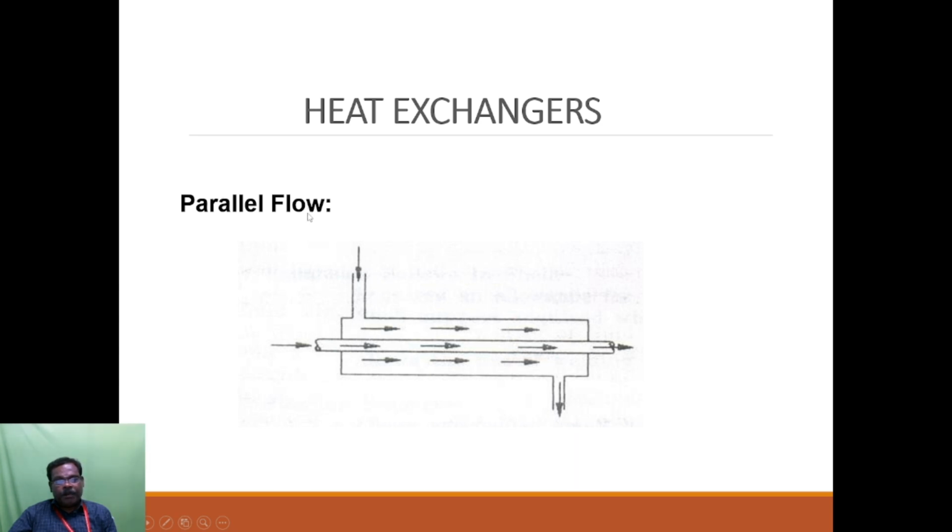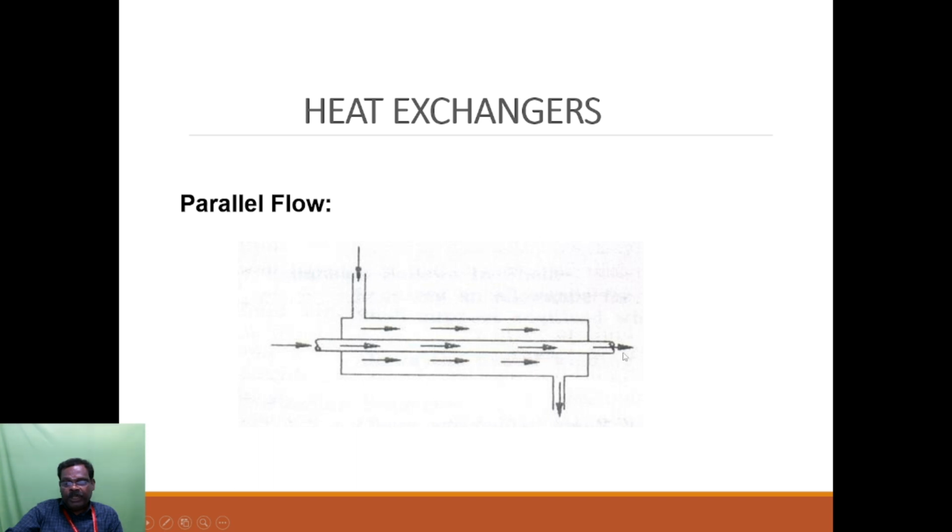One is the parallel flow heat exchanger, which exchanges heat between two fluids at different temperatures. There is an inner tube and an outer tube.